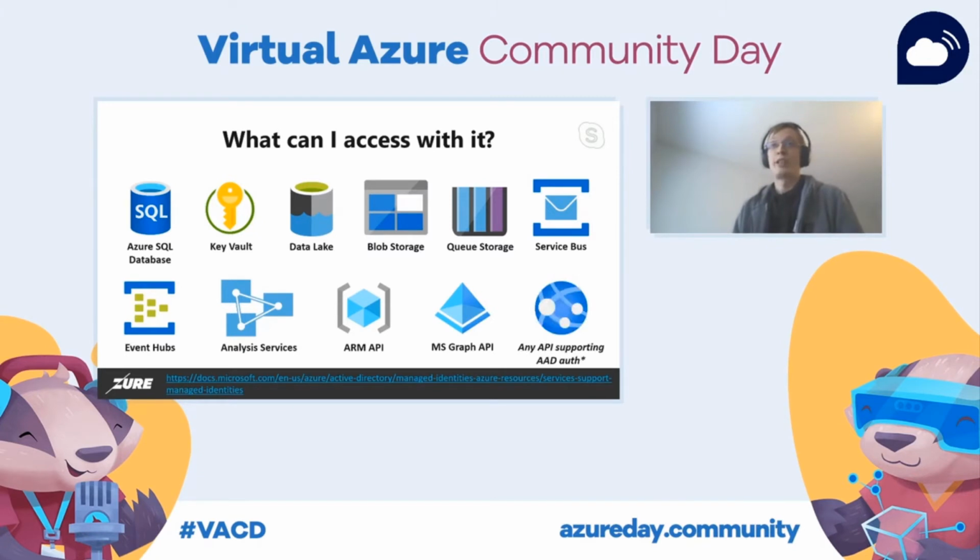And in fact, this does support any API that supports Azure AD authentication, including your APIs. But that is quite an advanced scenario. It does require your API to support app-only access. So there's no user involved because it's a service principal. So it has to support that. We'll look at that at the end a bit more.